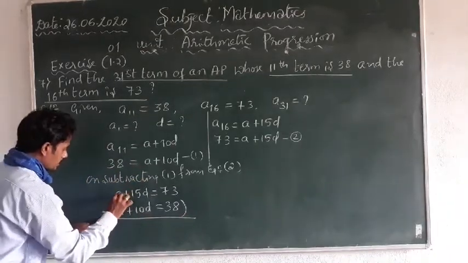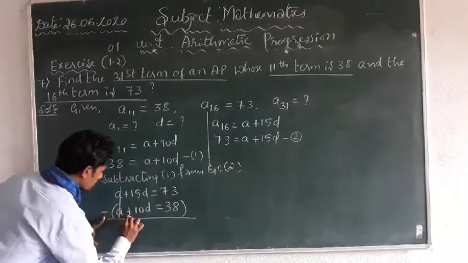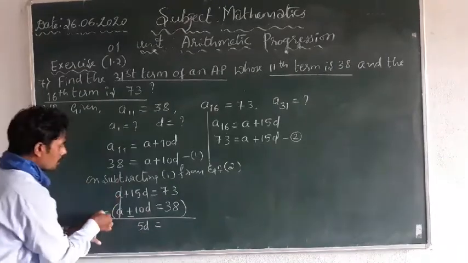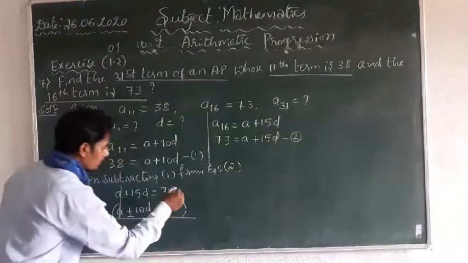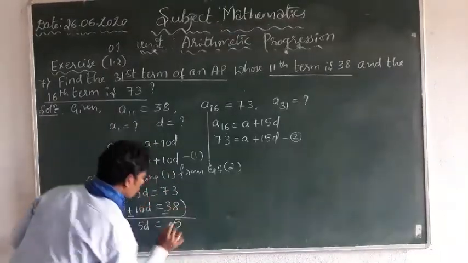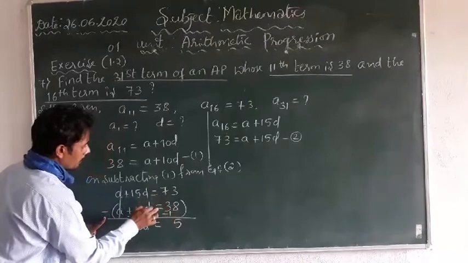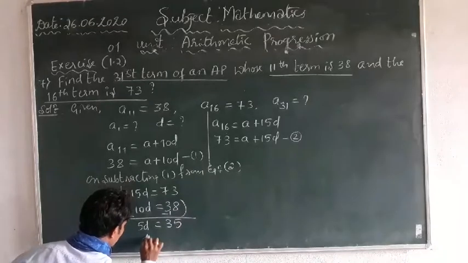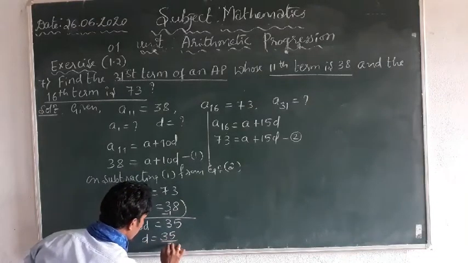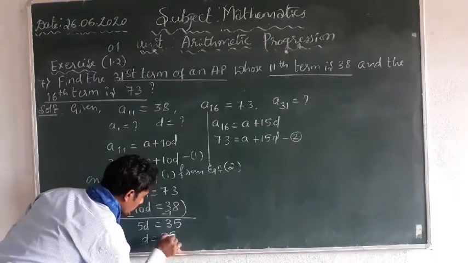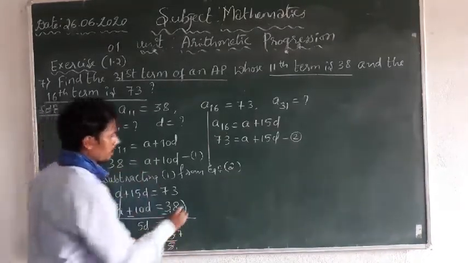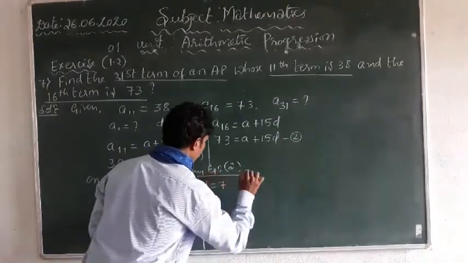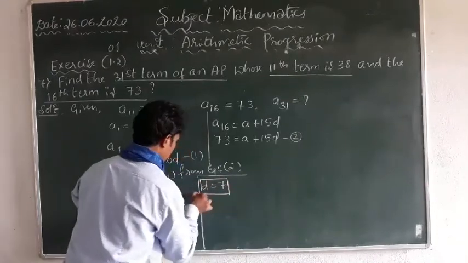A minus a will get cancelled. 15 minus 10 gives 5d, which is equal to 73 minus 38, which is 35. So d is equal to 35 divided by 5; 5 sevens are 35. D is equal to 7.